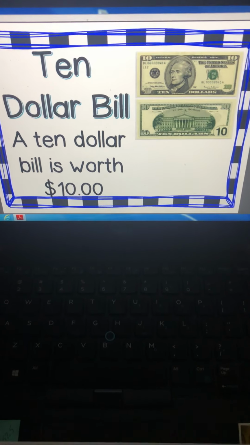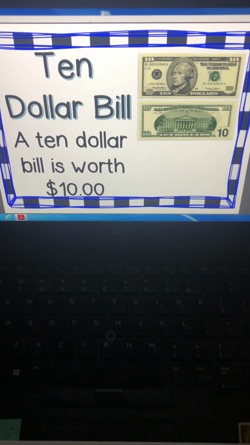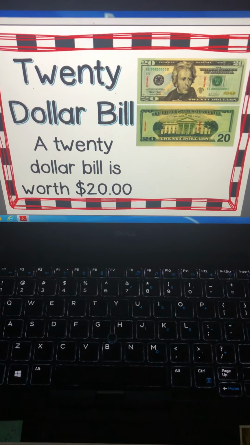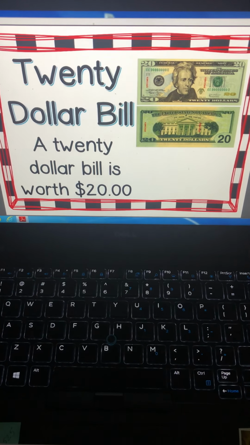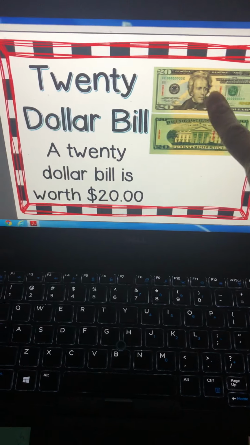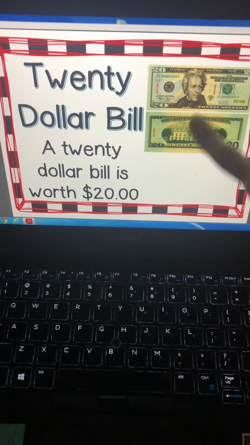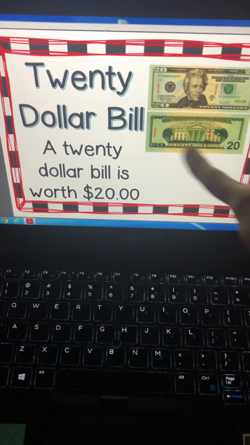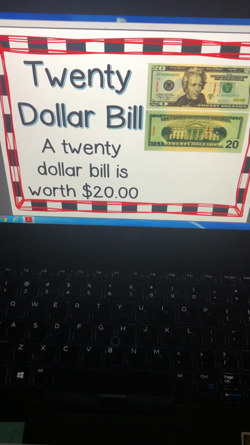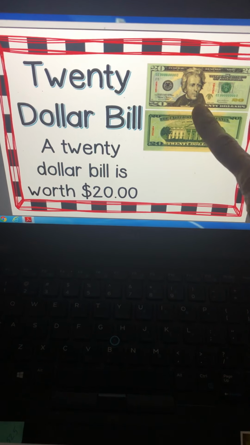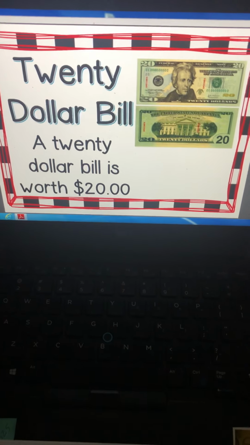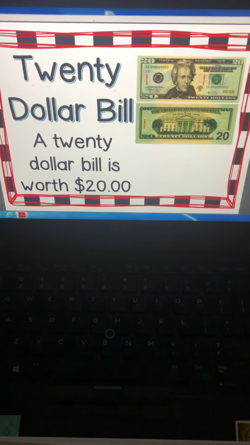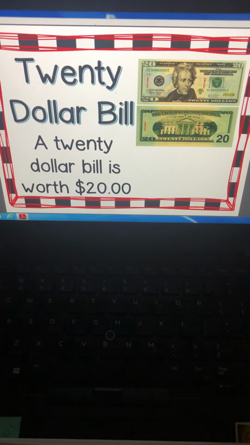And that is a $10 bill. Then we have a $20 bill. We have the face side, and we have the back side. The $20 bill also has the 20 in each of the corners, and it says it in words as well. A $20 bill is worth $20.